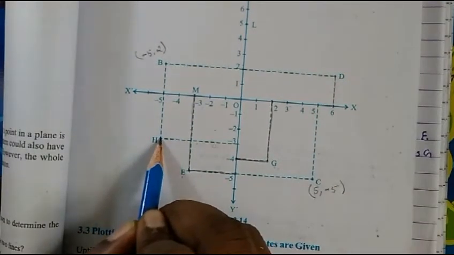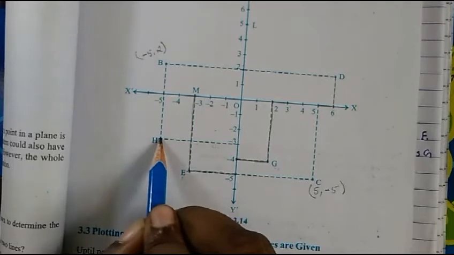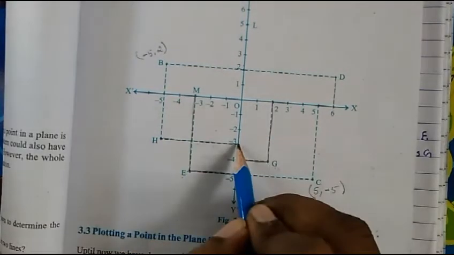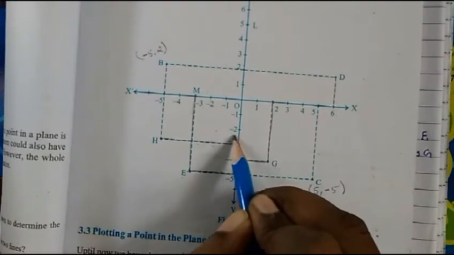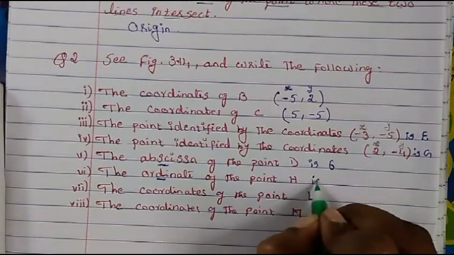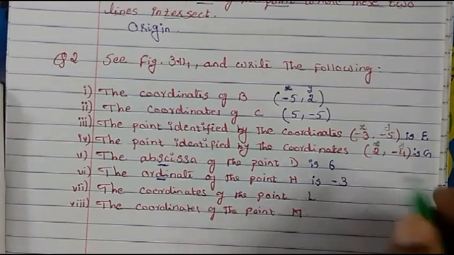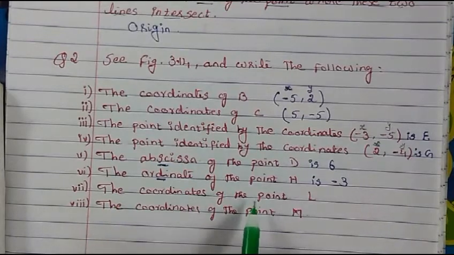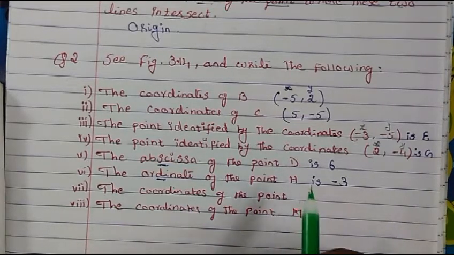What is the value of y? Let's draw the line towards y. On y, it is coming on -3. So it is -3.